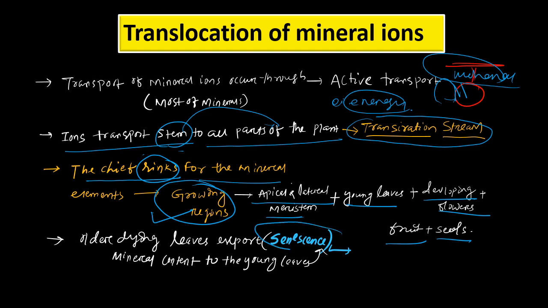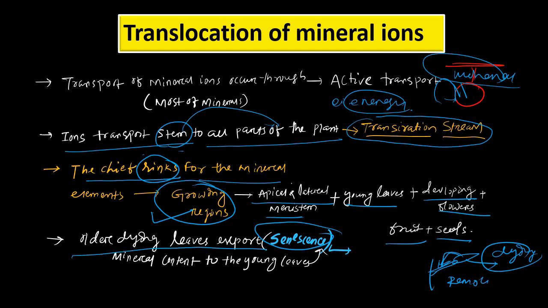Another is called senescence. What is senescence? Let's consider this is a plant. This plant contains leaves. If this leaf is dying, it removes or remobilizes some nutrients to the other parts that survive, and this is known as senescence.